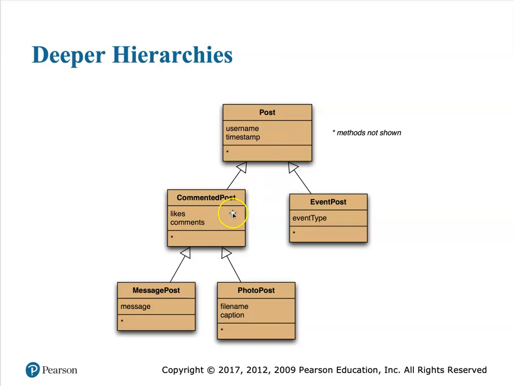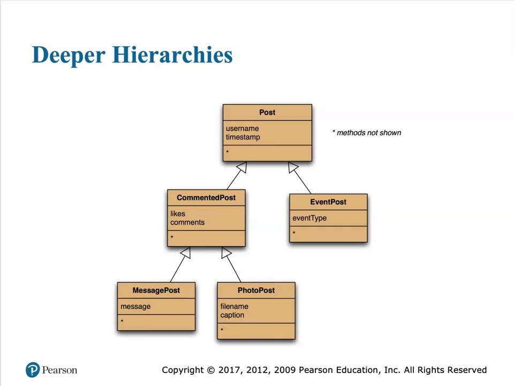But commented post extends post, and then message post is a commented post, which is also a post, or a photo post is a commented post, which is also a post. And so we can begin to further localize where certain types of code should exist and allow for the possibility that there should be event types that don't have the feature of allowing comments on it.